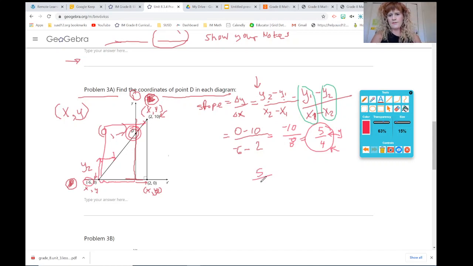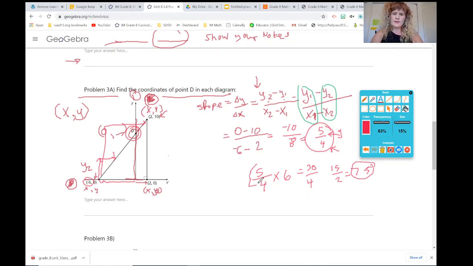So take 5/4 times 6 to get our new y coordinate. Can you do the math in your head? 5 times 6, that's 30, and it's over 4, so keep that denominator. And that's going to be 15/2, and that answer reduces down to 7.5. That's the y value.